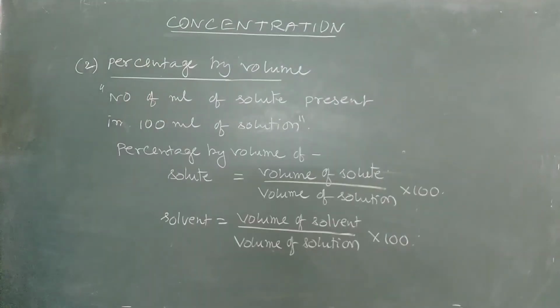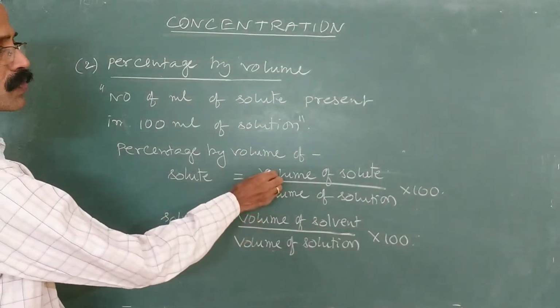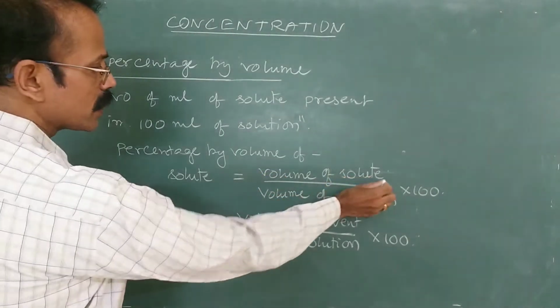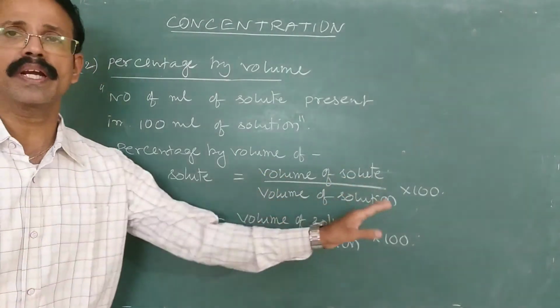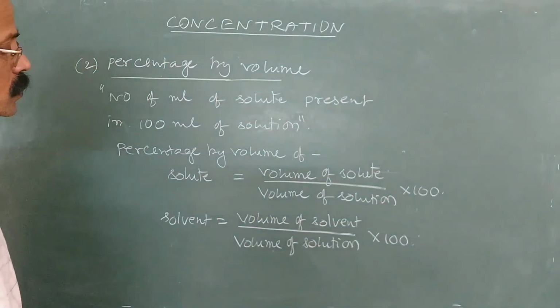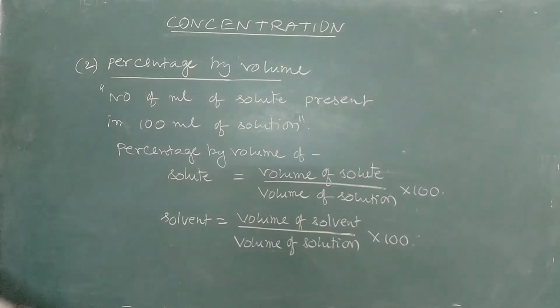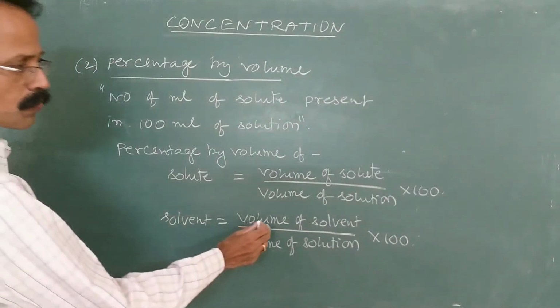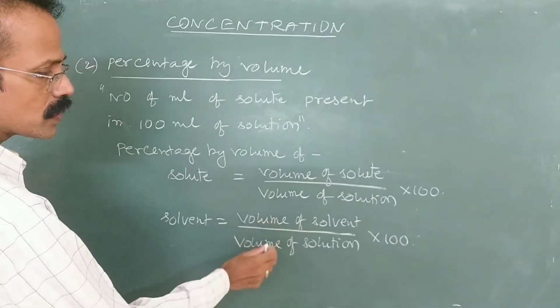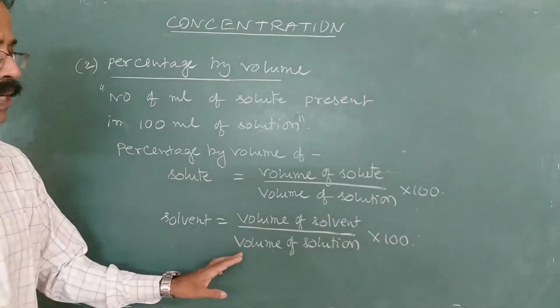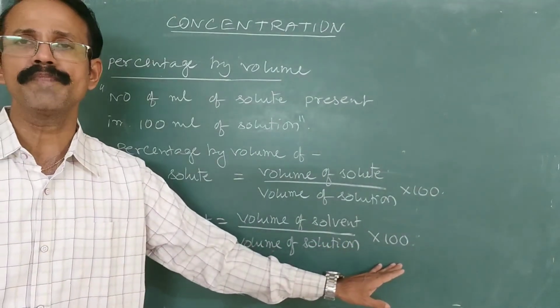Percentage by volume of solute is equal to volume of the solute in milliliters divided by volume of solution into 100. Similarly, volume percentage of solvent is given by volume of solvent in milliliters divided by volume of solution in milliliters into 100.